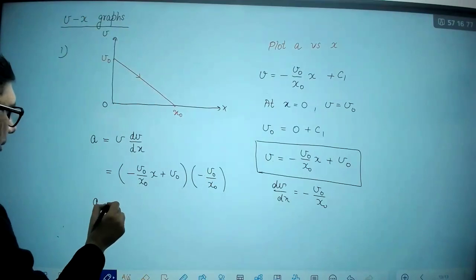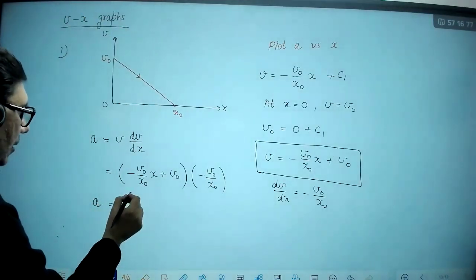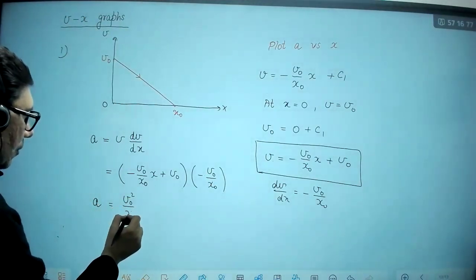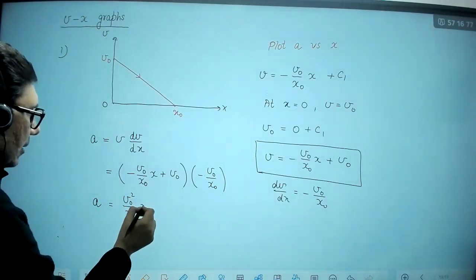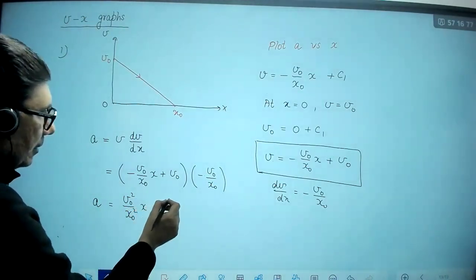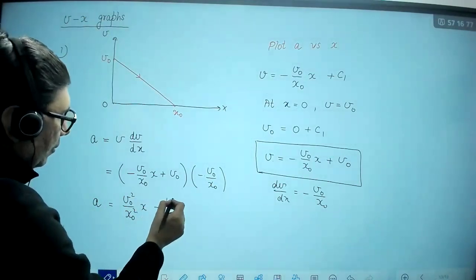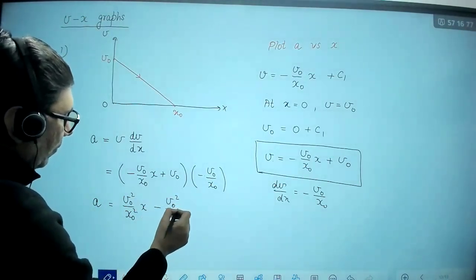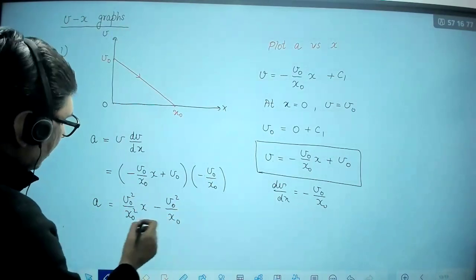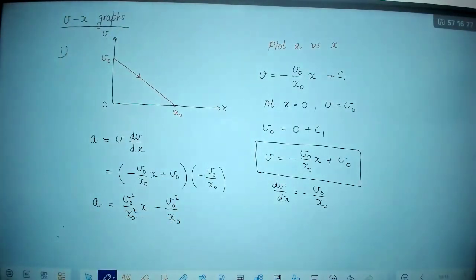So a will be v naught square upon x naught square into x, minus v naught square upon x naught.